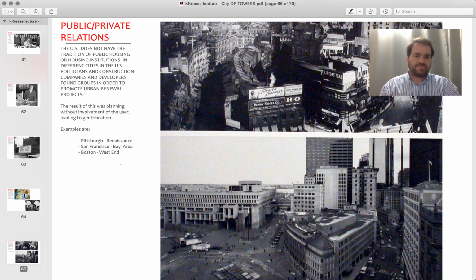So as I pointed out before, there's a relation between the public, like City Hall, and big developers, construction companies that try to push these kinds of developments. This is an example before and after from Boston. So here you see architecturally, I guess you can say it's improving.